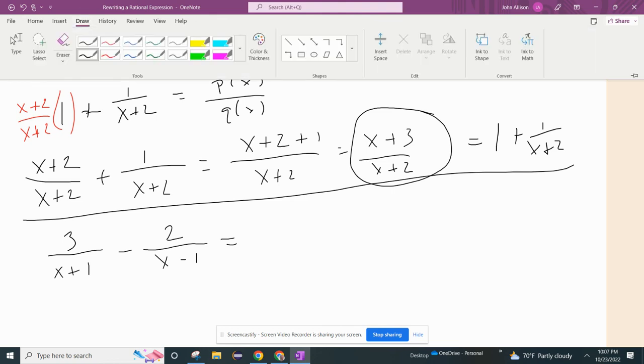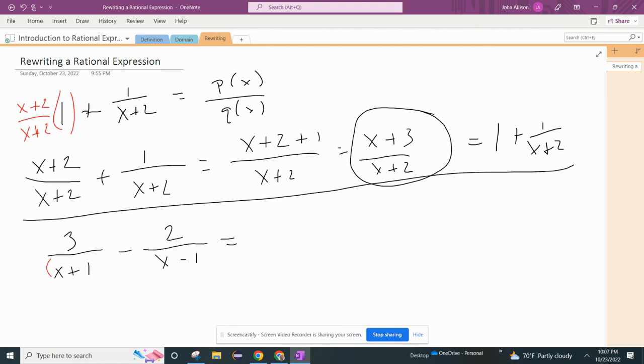Notice that I have an x plus 1 in this fraction, I have an x minus 1 in the denominator of this fraction. That means I need a factor of x minus 1 over here. So I'm going to get that by multiplying numerator and denominator by x minus 1. Over here, I need a factor of x plus 1 in the denominator to get a common denominator. So I multiply numerator and denominator by x plus 1.